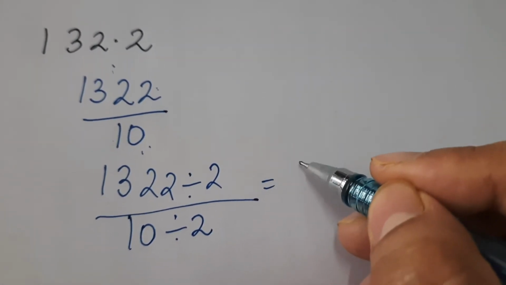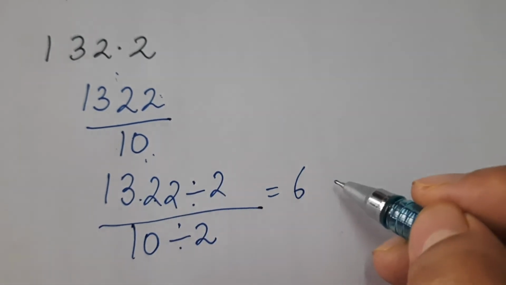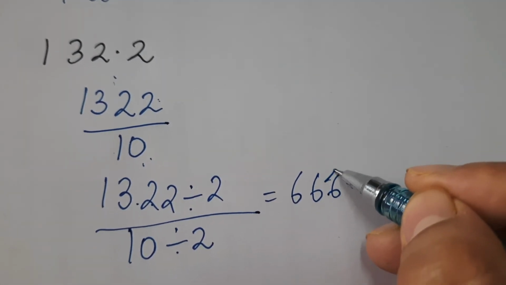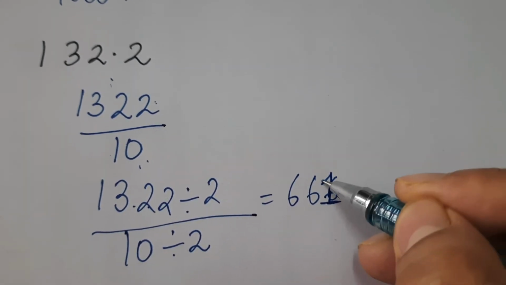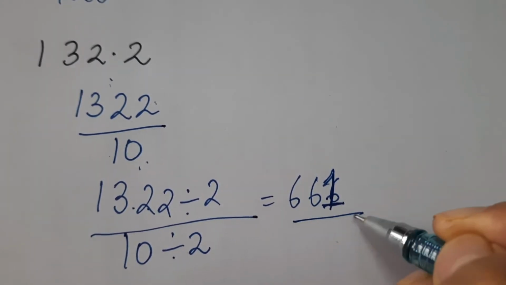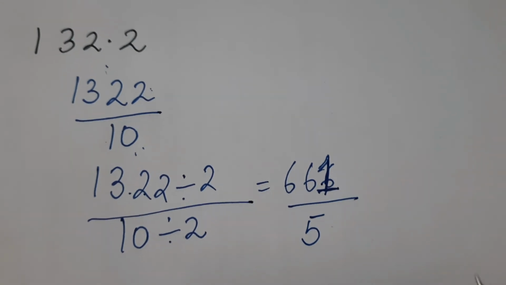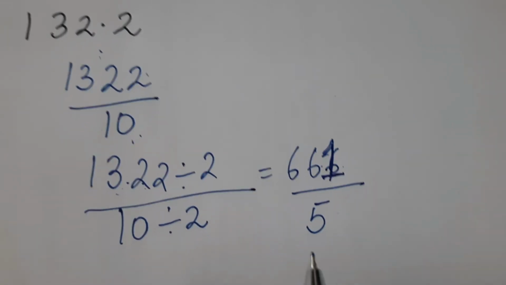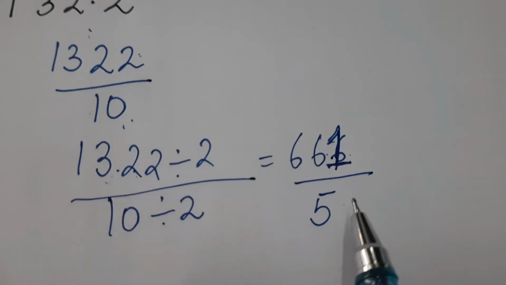It will be 2 6 are 12, 1 2, 2 6 are 12 and 2 1s are 2. Sorry, it will be 661 upon 2 5s are 10, so it will be 661 upon 5.